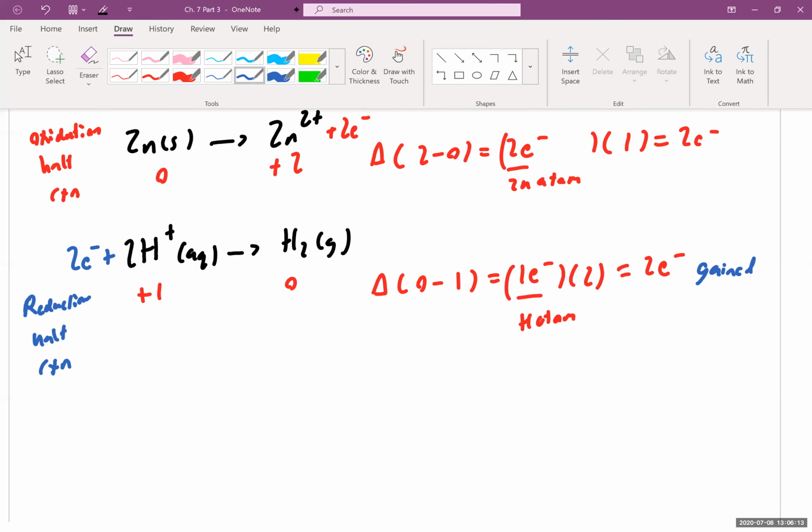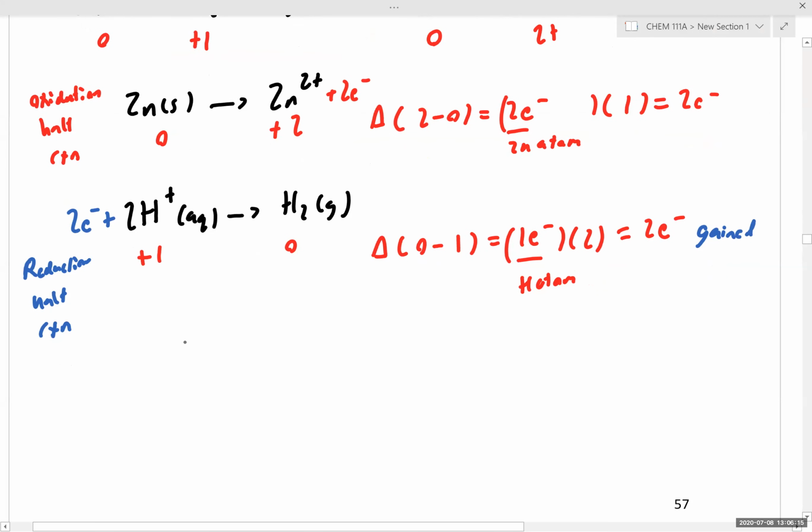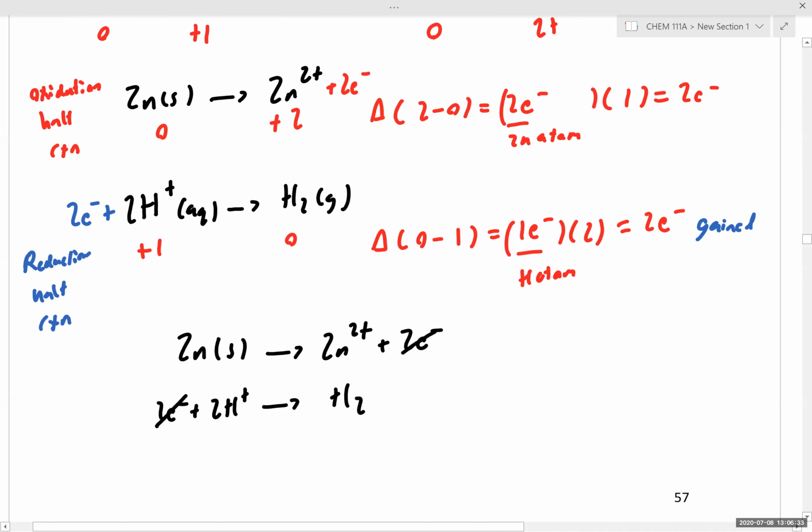If we add together our oxidation and reduction half-reaction, we get the following result. As we can see, looking at our number of electrons are identical on both sides of the reaction equation.